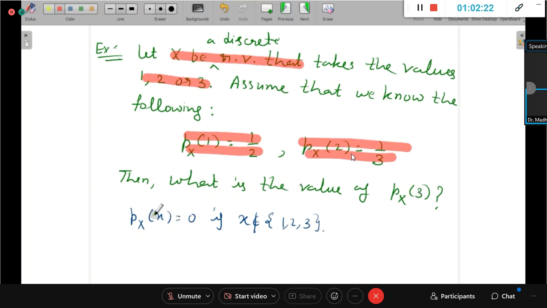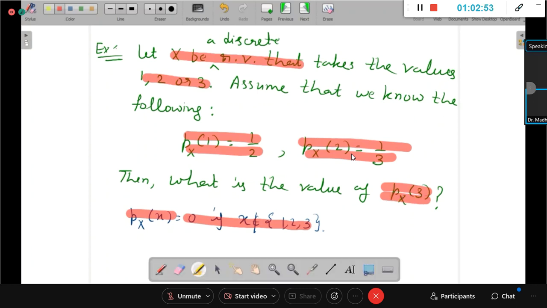Then what is the value of p_X(3)? It is very simple. It is not given to you, but it is a straightforward result that p_X(x) is 0 if x does not belong to {1, 2, 3}. Why? Because X can take only these three values 1, 2, or 3. Other than that, they are impossible events, so they are assigned 0. Now you can use the normality condition to find p_X(3).